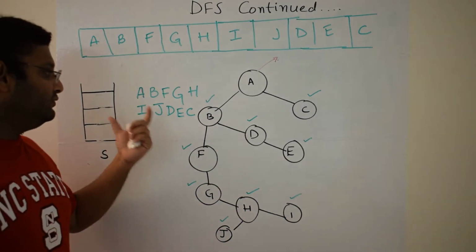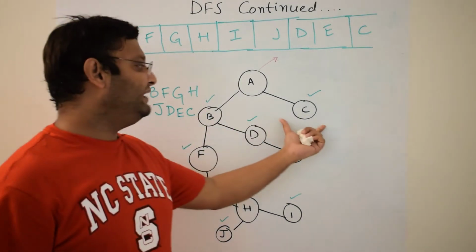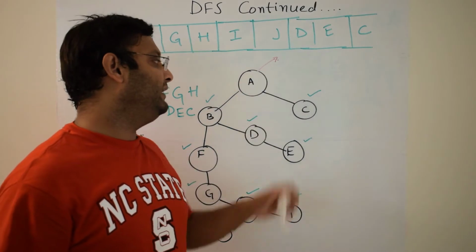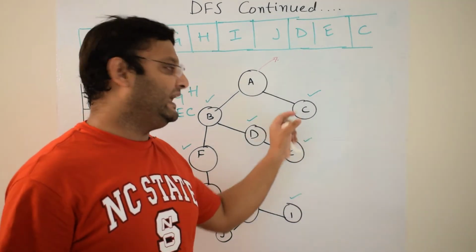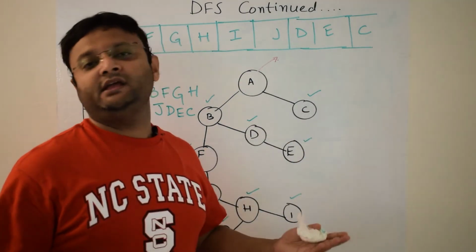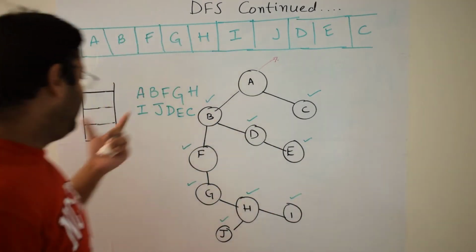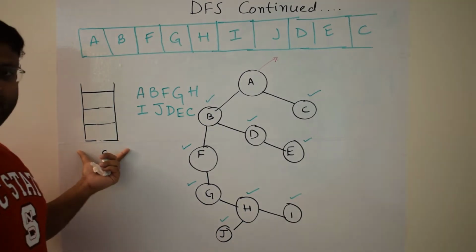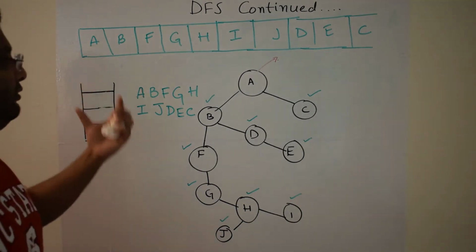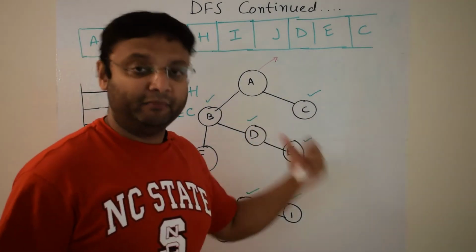Correct? Now when you popped out C, is there any neighbor of C? Yes, only one neighbor, A. Has it been visited? Yes, it has been visited. So there is nothing you can push onto the stack. So now our stack is empty, and our algorithm has finally terminated.